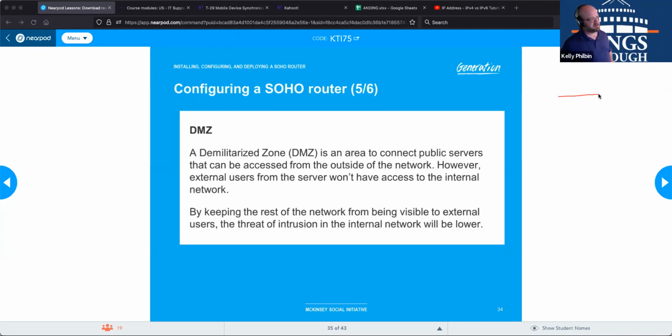Essentially, you're creating, so you have like a firewall here. Here's the horrible drawing of a cloud, to represent the internet. And then you would actually have kind of like a firewall in here. So in here, you may have web servers, email.